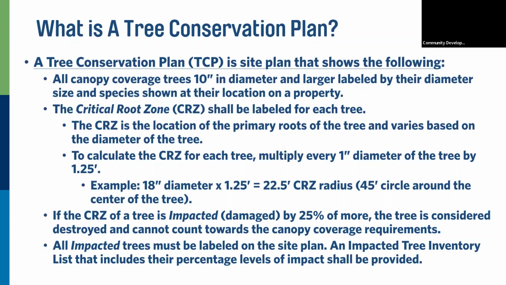Right. So in this example, if you have an 18-inch diameter tree, you multiply that times 1.25, it gives you a 22.5 critical root zone. But just to be clear, that's actually twice the size circle. Correct. So that would be a 45-foot circle around the center of the tree, just so we're all clear about that. But if you're doing the radius, that's measured from the center, so it's going to go out 22.5 feet all around the tree. Right.